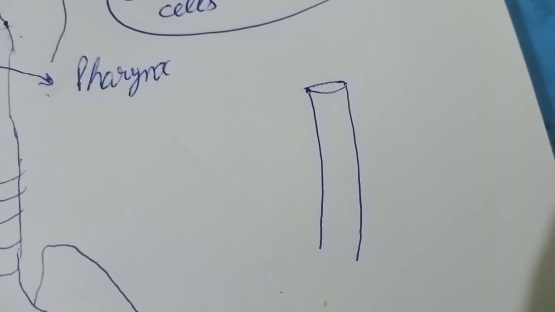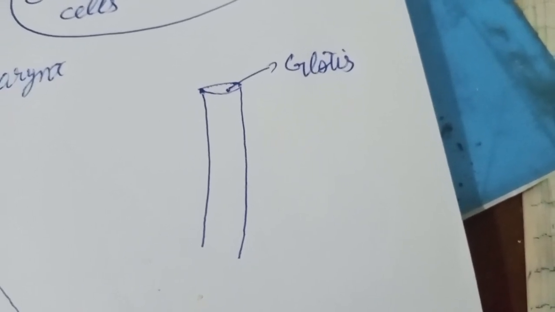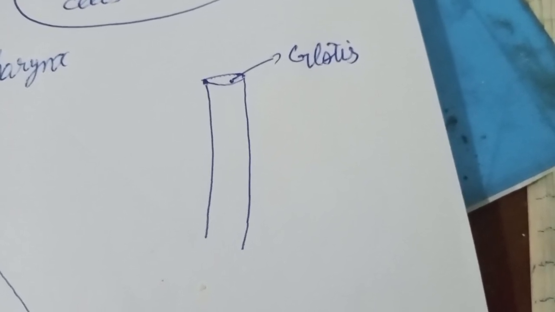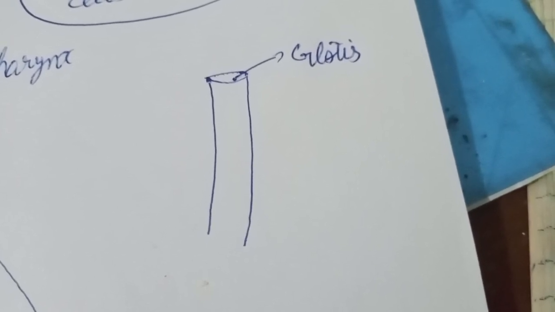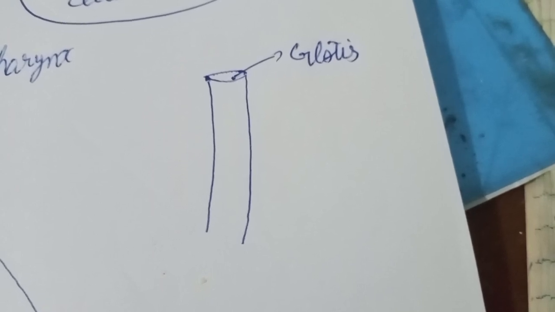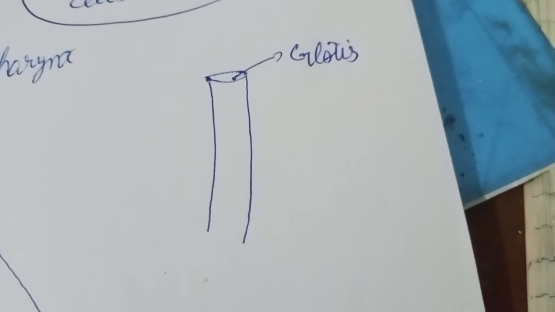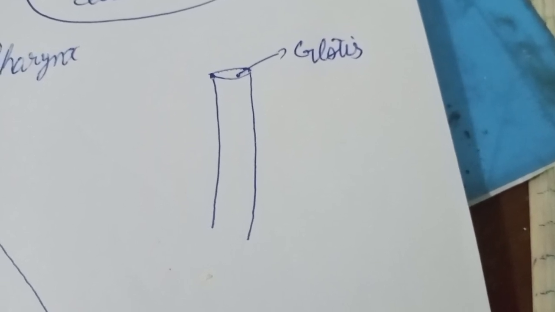The opening of the trachea is called the glottis, and above the glottis there is a structure called the epiglottis, which covers the trachea when food enters the body through the pharynx, because the pharynx is common for both food and air. When food enters through the pharynx, the food will move towards the esophagus. So the epiglottis stops the food from entering the trachea.